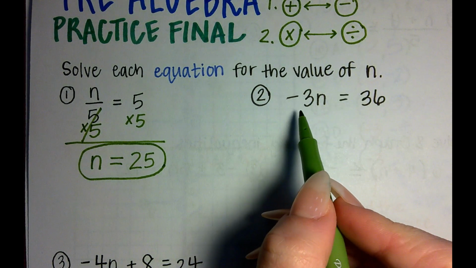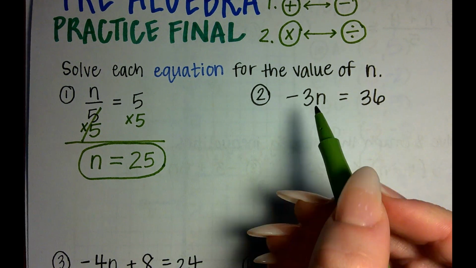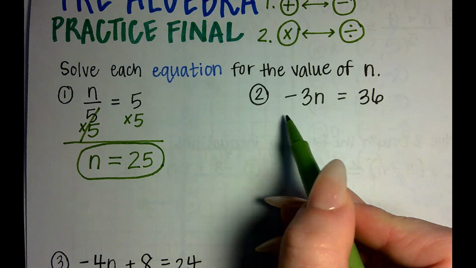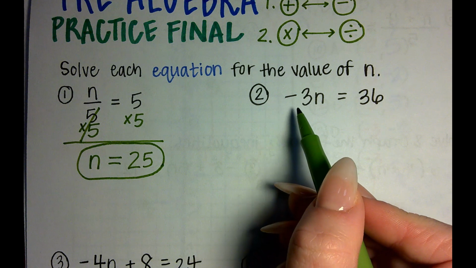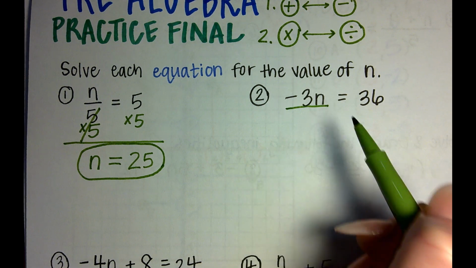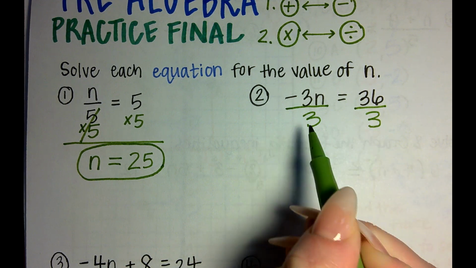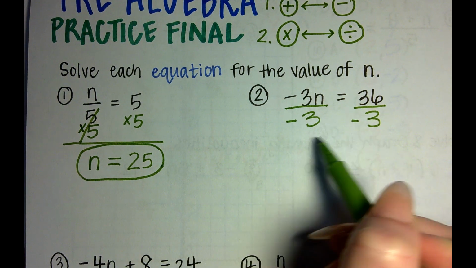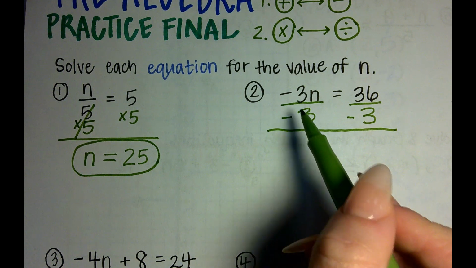Now number 2, I have negative 3n equals 36. What operation is happening here? We're going to divide because this is multiplication. What will we divide by? 3 on both sides. We'll divide by 3. Now, not just 3, but negative 3. Good. So I divided by negative 3 on both sides.